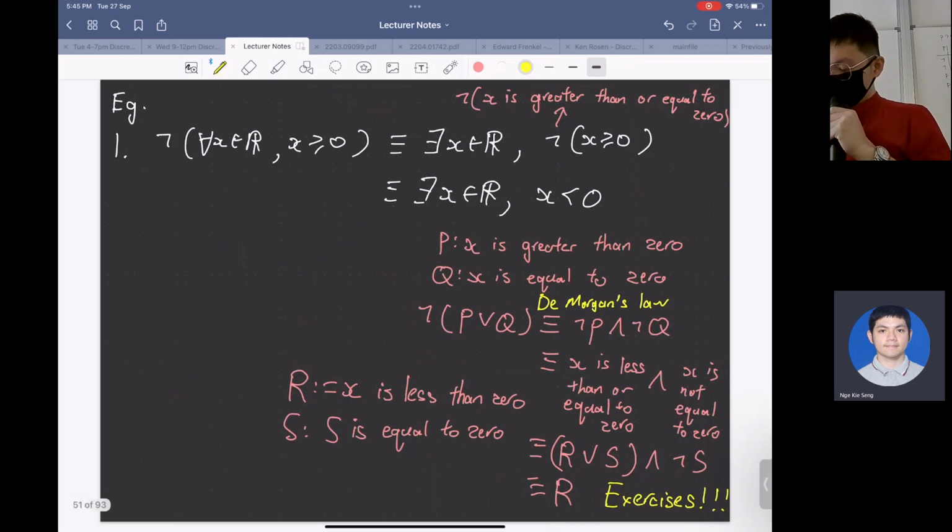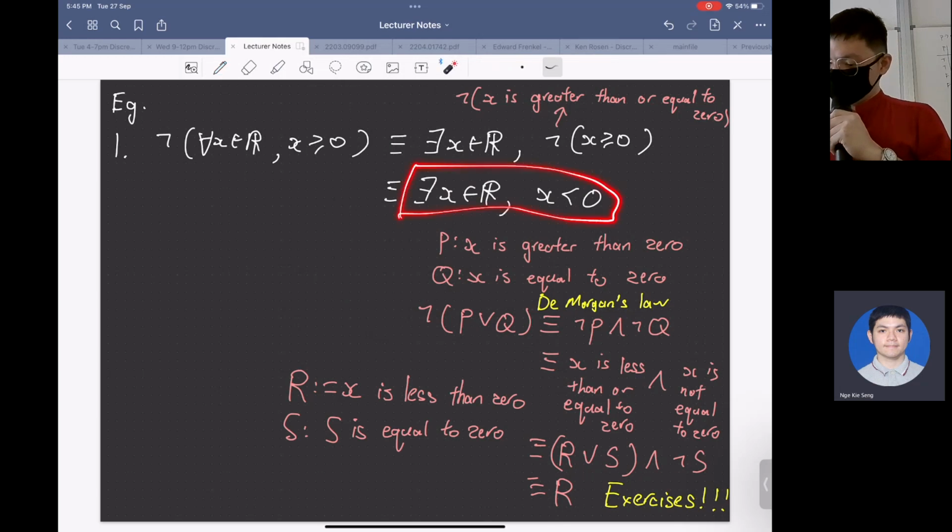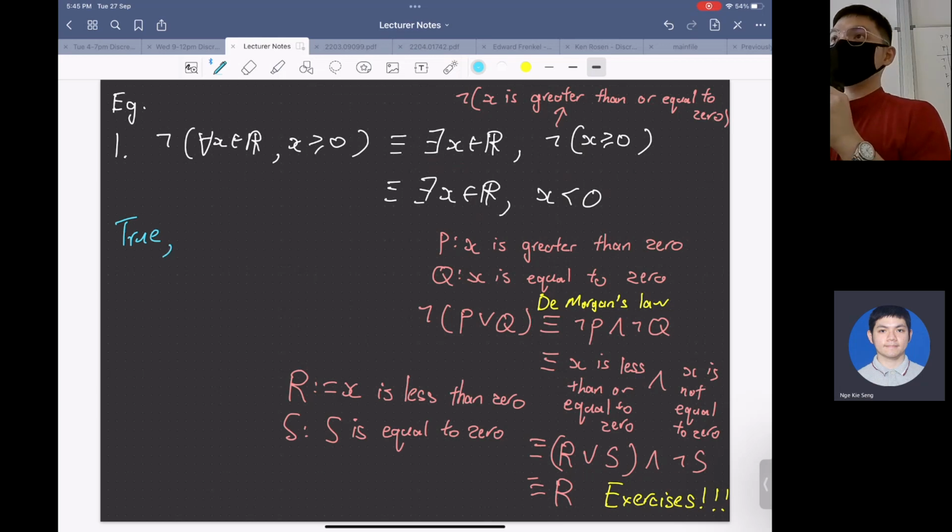How about this? Oh, we haven't tried this. There exists an x in R such that x is less than 0. True or false? This line here. True. Why?